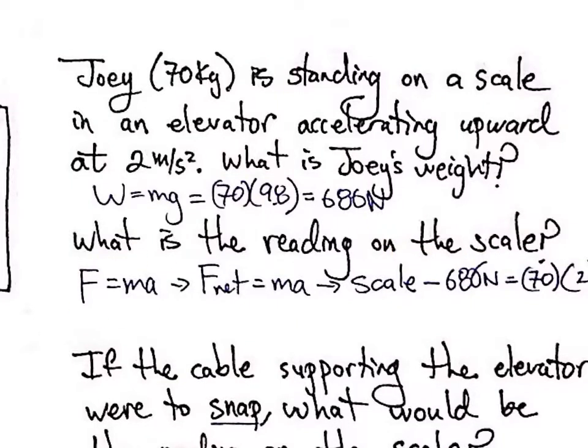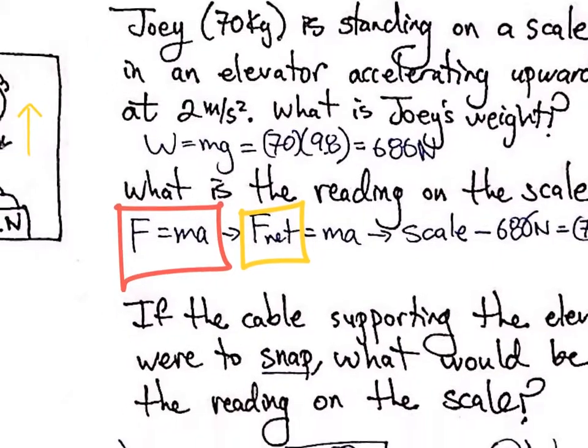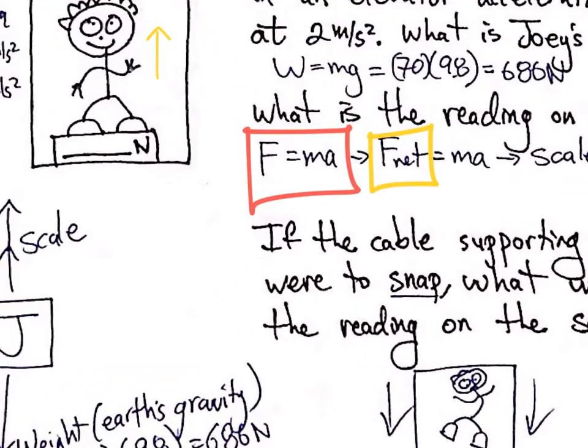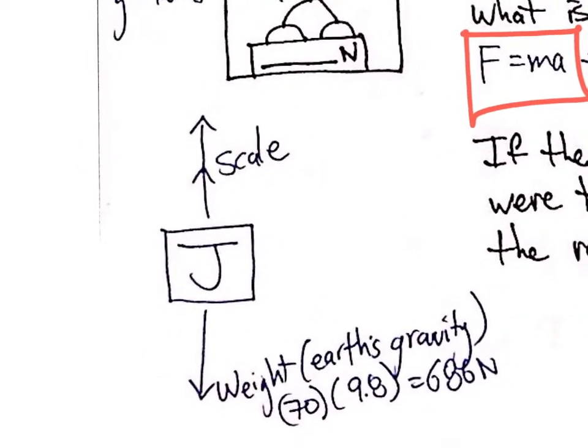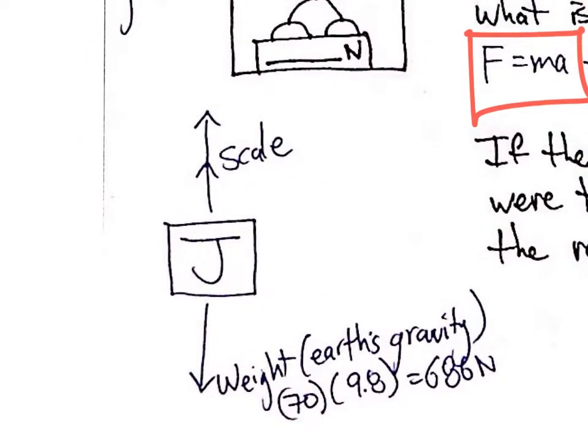So we're using Newton's second law, F equals ma, and we're recognizing that F in F equals ma is the net force. And so if we were to draw a free body diagram, here's our free body diagram for Joey. So here's Joey. We have an arrow upwards, and that is the scale pushing on Joey.